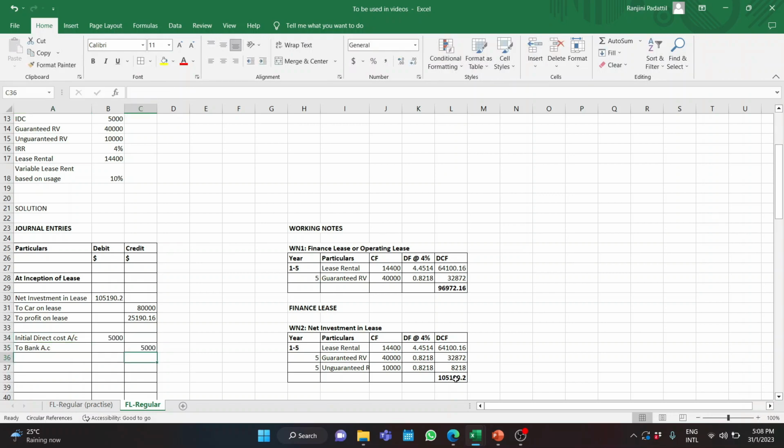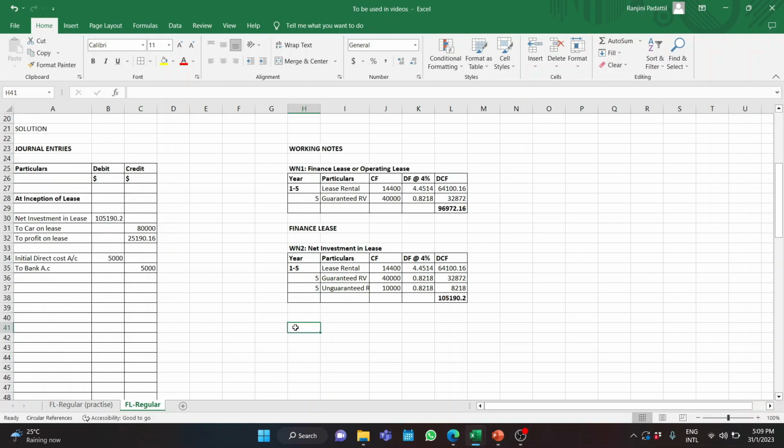Alright, so now what we had learned is that we should not add the initial direct cost separately to the net investment in lease because it is automatically included in the net investment in lease by adjusting the rate of interest. Right now, the exam question automatically gives me what is the annual lease rental that the lessee pays me.